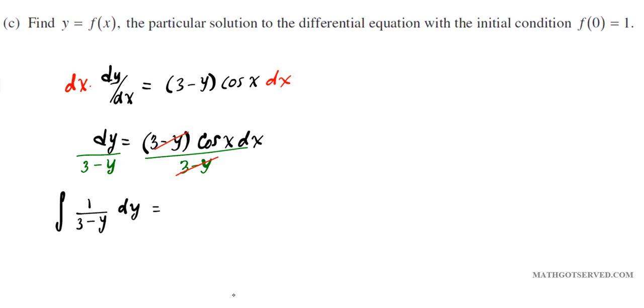So we have cosine x dx. Okay, so what we've accomplished so far is separating the variables. If you execute this step correctly to this point, you earn 1 point.